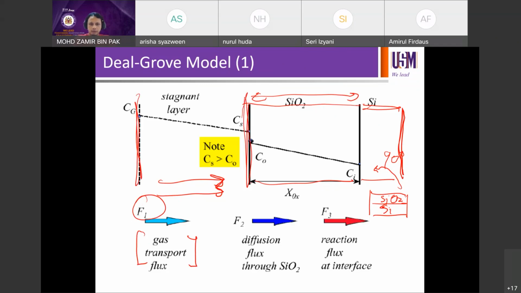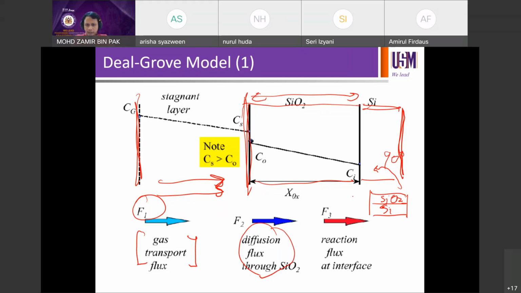F2 is the diffusion of flux through silicon dioxide. It's going to change over time because when you start the process, there's no silicon dioxide grown on the surface yet, but over time, as you get close to 1000 angstrom, it's going to get more and more difficult because thicker and thicker oxide has already formed.